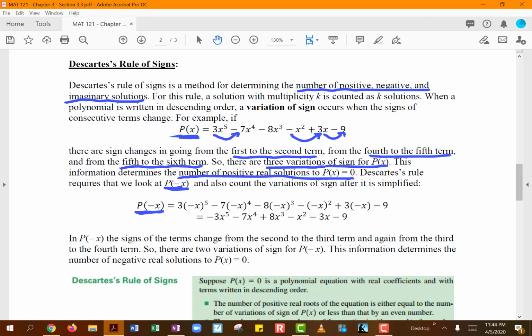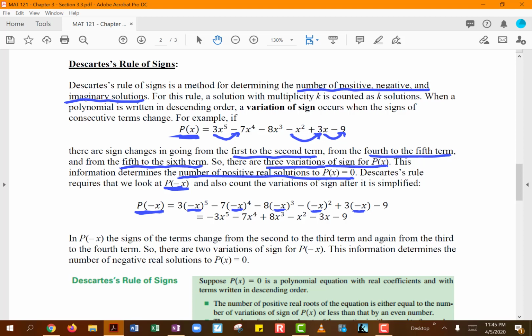So what you'll notice from our original function, 3x to the fifth has now become 3 times negative x to the fifth. Negative 7x to the fourth is now negative 7 times negative x to the fourth, right? So everywhere that you had x in the original equation, you're now replacing all of those x's with negative x.